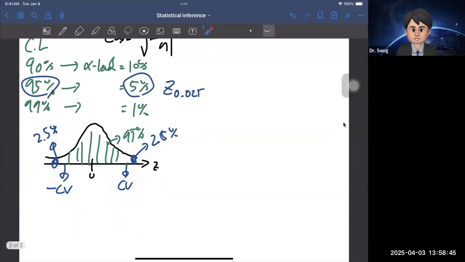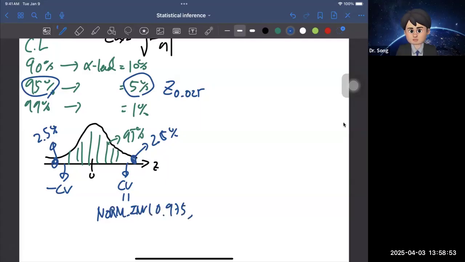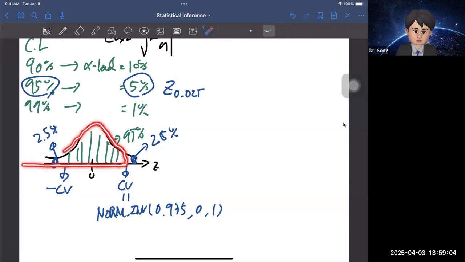If you're using Excel to get this critical value, you are using NORM.INV, and you put 0.975, comma, mean equals 0, comma, standard deviation equals 1. The reason that you put the 0.975 is that Excel is calculating from the left to the right. So from negative infinity up to here, as you can see, under the distribution is 2.5% plus 95%.